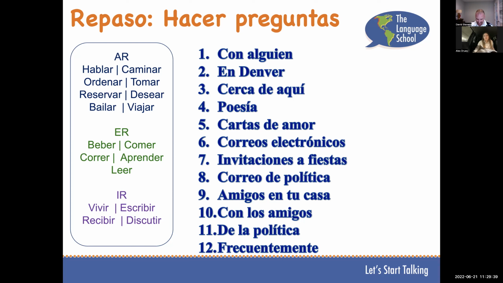Cerca de aquí. Close to here. Close to. ¿Comes cerca de aquí? Generalmente no como cerca de allá. No. ¿Lees poesía? Sí, leo poesía.